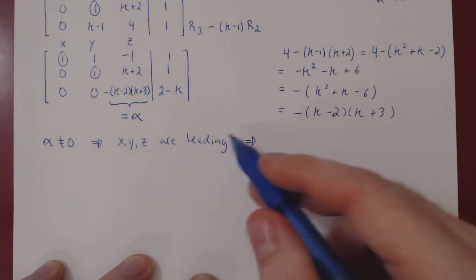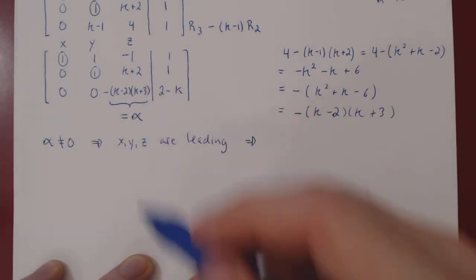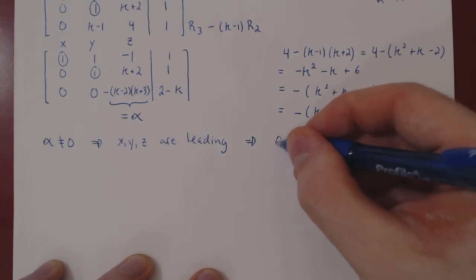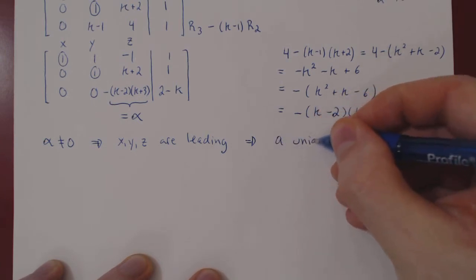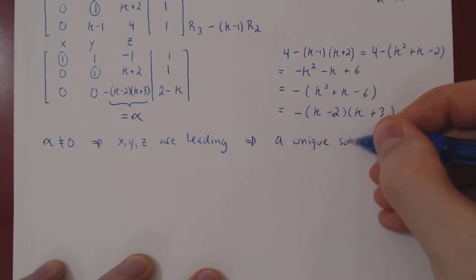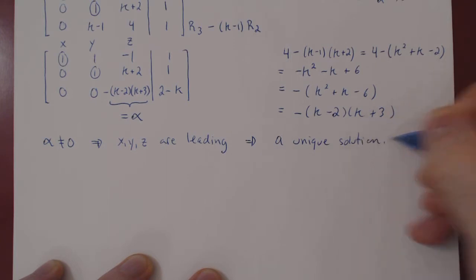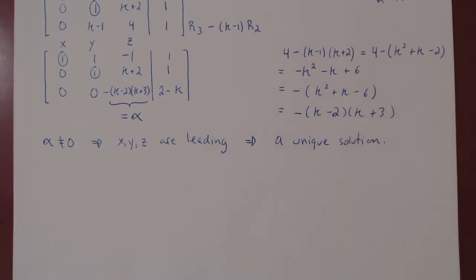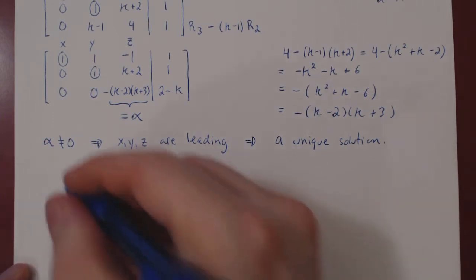But if all the variables are leading, our linear system has a unique solution. And we're done. So the only question left over, of course, is the second case. What if alpha is 0?